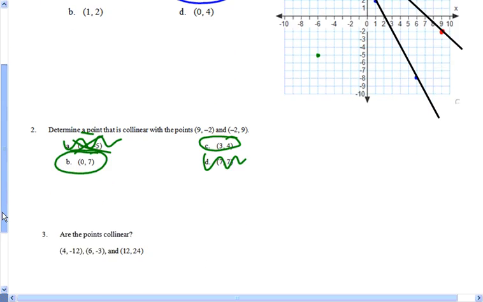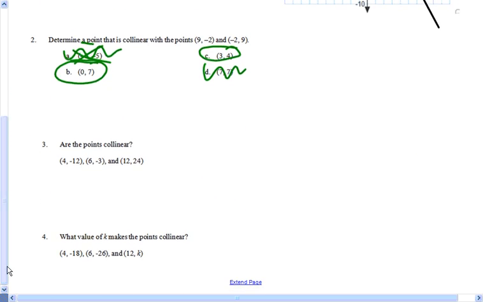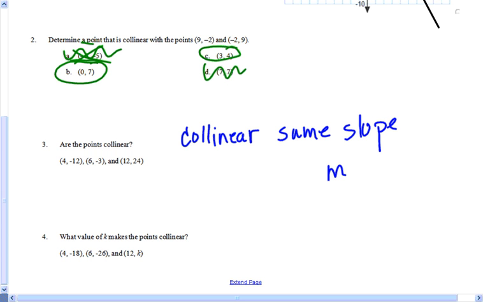All right. Number 3 says, are the points collinear? Now, if we had a really big graph, we could do it that way, but we need to have another system. If points are collinear, that means they have the same slope between them because they line up. So we can use the slope to help us determine this. And if you remember, the slope, m is the letter used for slope, we can find that by subtracting the y coordinates for our rise, subtracting the x coordinates for the run, and then dividing those.